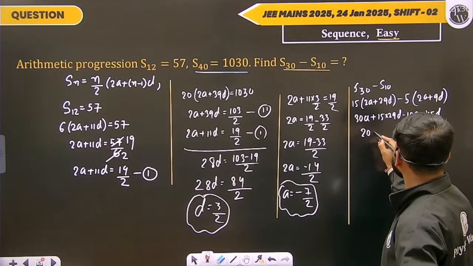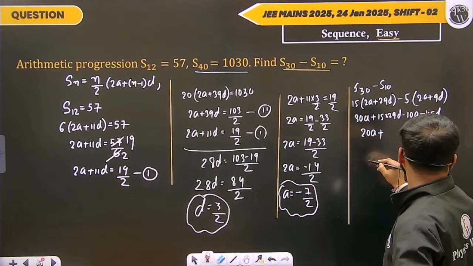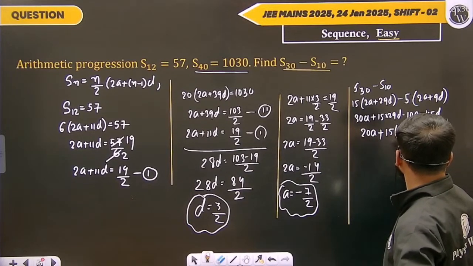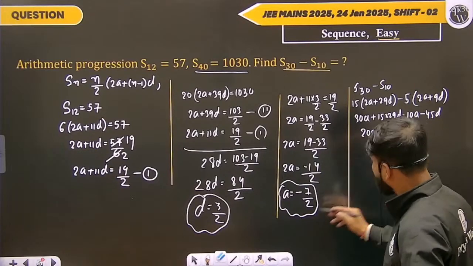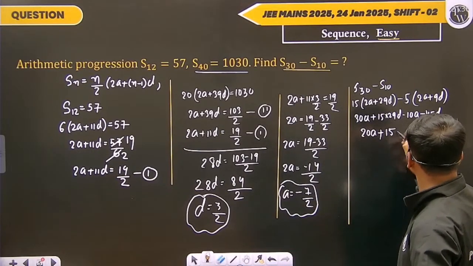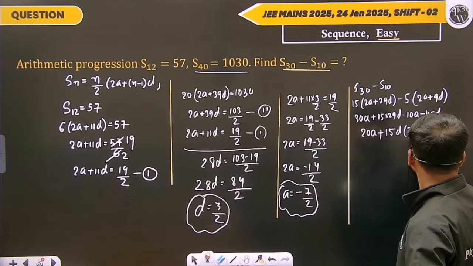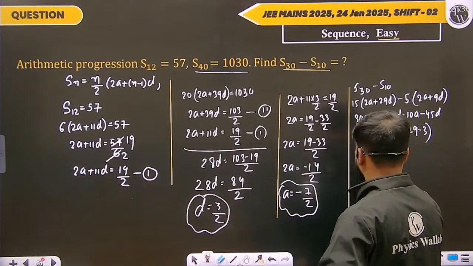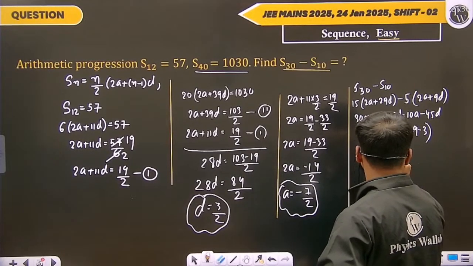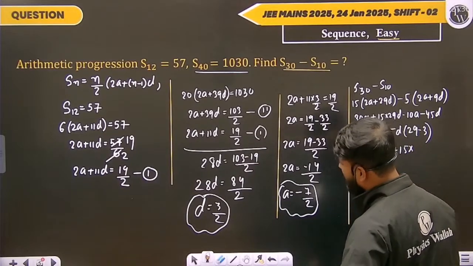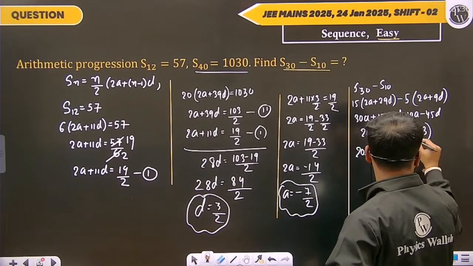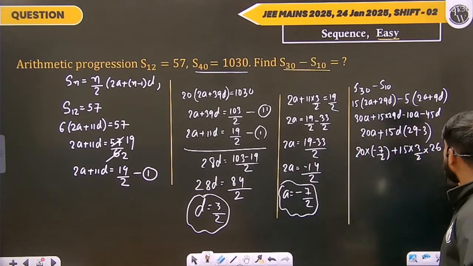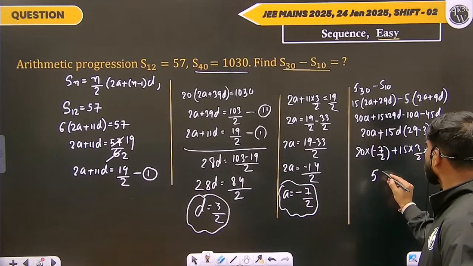Here it will be 20a plus 15 times 29d minus 45d. Take 15 common, it will be 15 times 29 minus 3. So now just putting the value of a and d. Your d is 3 by 2 and it is 29 minus 3. It is nothing but 26. So just by calculating the value of this expression, you will get the value of 515.